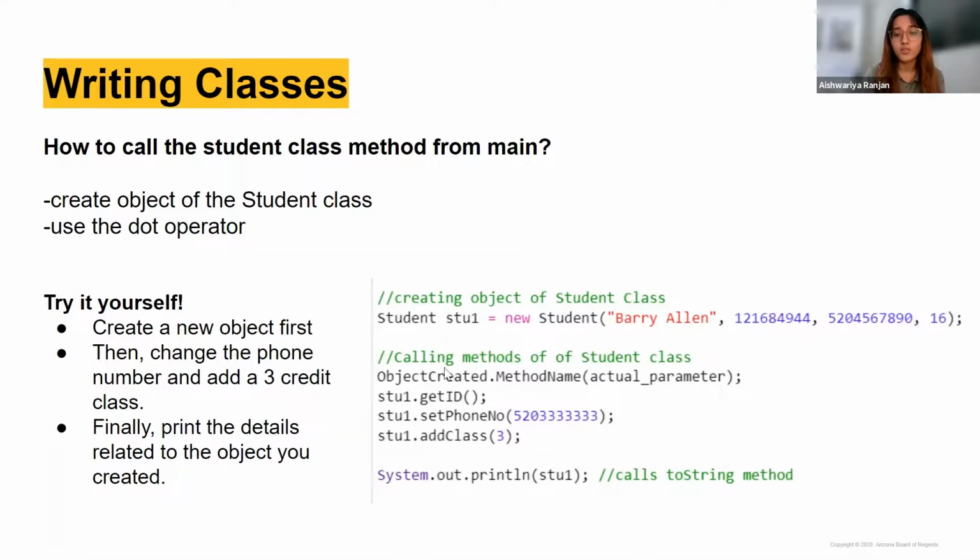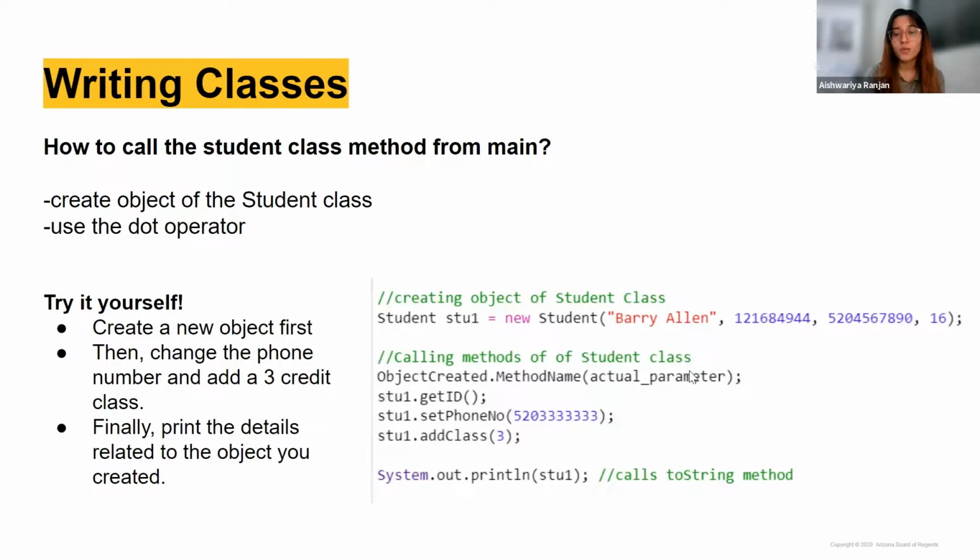So you could just call the get ID method like this, and it would return the ID, which is this number over here, to the user. And now we have to change the phone number. So we will use the set phone number method. We do student1 dot set number, and in the brackets, we're going to put the number we want to change it to.